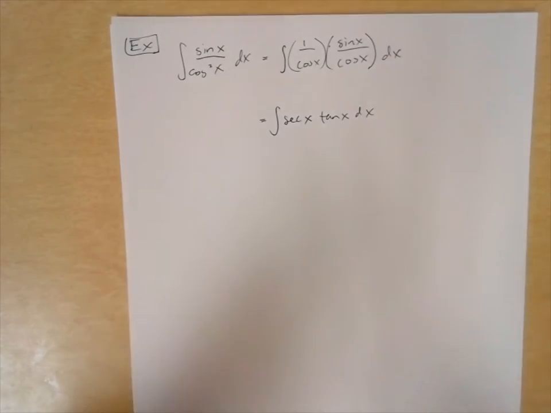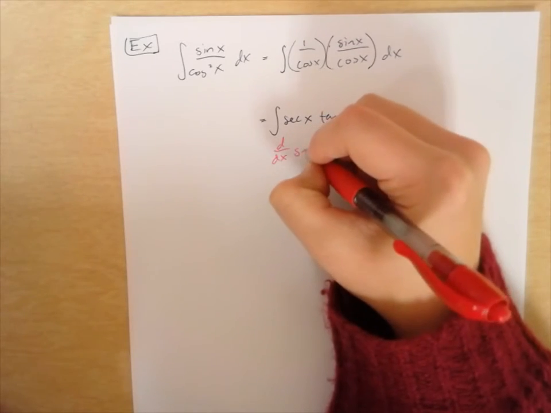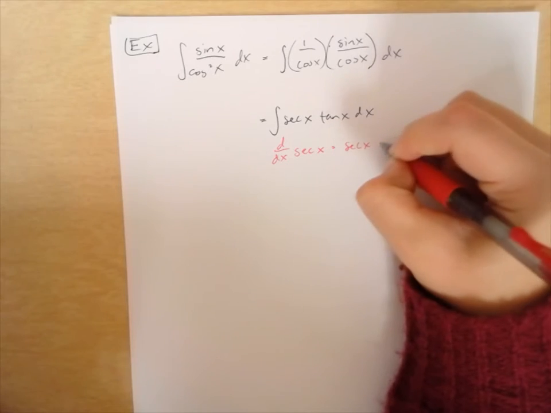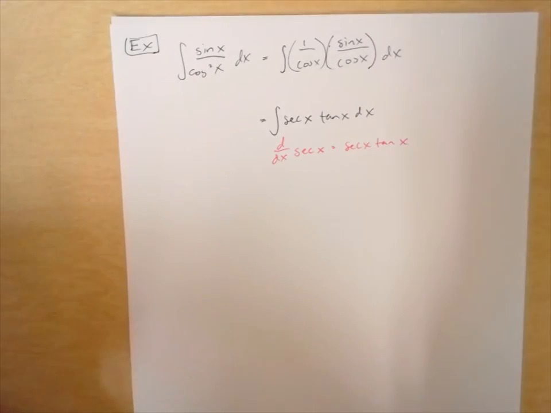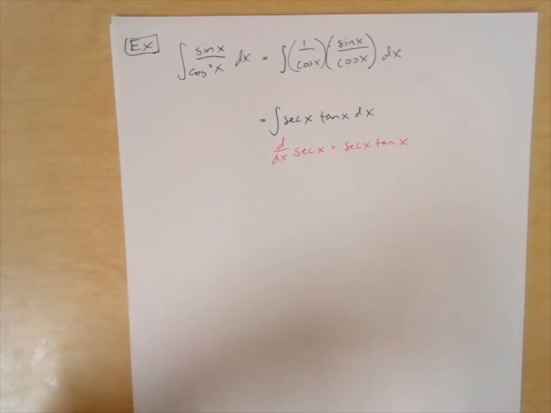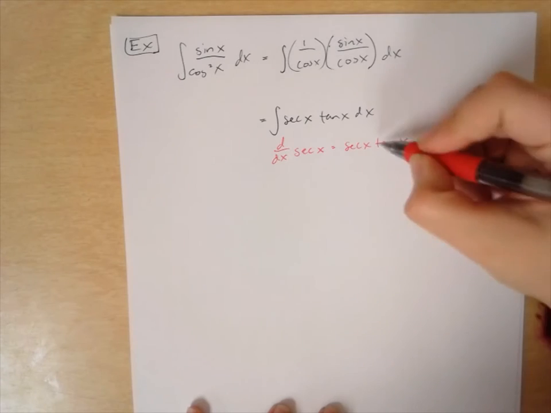And to take the antiderivative of this, it's important to remember a differentiation property of secant. So remember that the derivative of secant x is secant x tangent x. So what we can do is take this derivative rule and use it backwards, right?